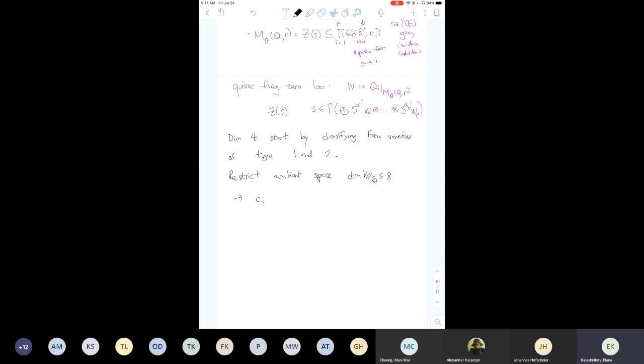And then you can enumerate and walk over all dimension 4 Fano subvarieties of type 1, which was done by Coates, Kasprzyk, and Prince, and of type 2, which was done by Coates, myself, and Al.